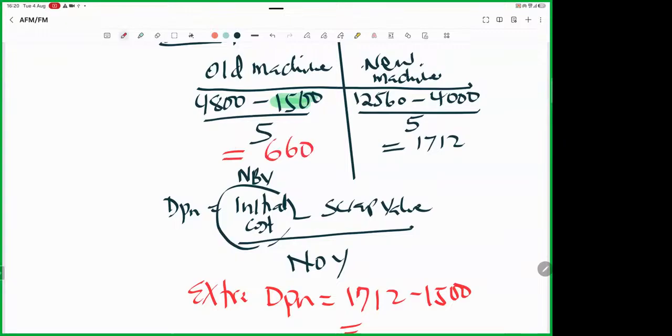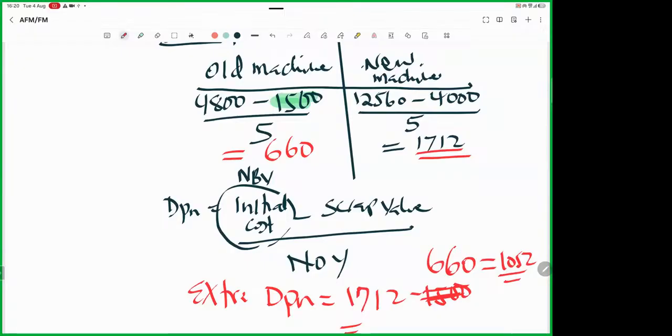Therefore, the extra depreciation will be this 1712 minus this old rickety jalopy's depreciation, 1712 minus 660, which will give me, ladies and gentlemen, I'm told 1052. As a finance expert, I know this really helps me.